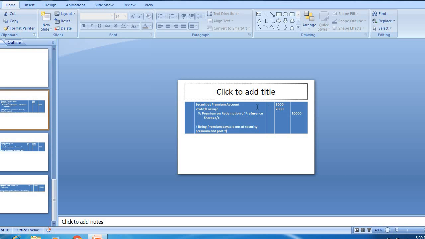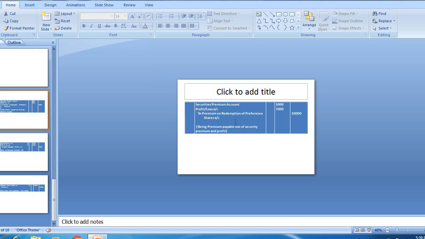That is the amount required. Now we have only 3,000 in securities premium. So the remaining 7,000 we can take out of divisible profits. The first preference will always be given to P&L account. So securities premium account debtor, which is 3,000, P&L account debtor, which is 7,000, to premium on redemption of preference shares account.